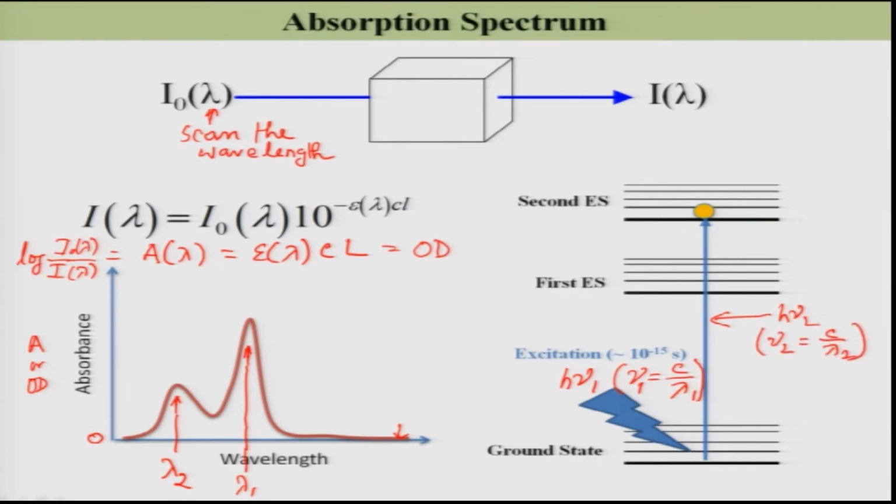So, I got this lambda 2 intensity, so lambda 2 maxima in my absorption spectra, is it not. In this case the absorbance is more, in this case absorbance is less. It is related to this epsilon, and in consequence related to the absorption cross section of this molecule for these two different types of light, right.